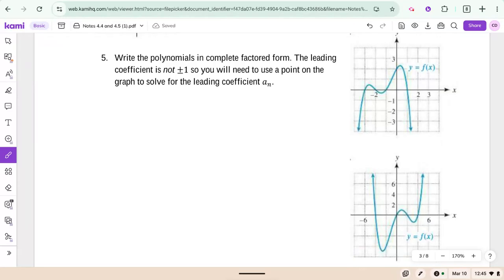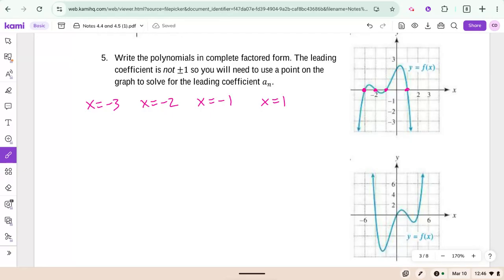The x-axis is scaled by ones, so I have x equals -3, x equals -2, x equals -1, and x equals +1. And all of those are multiplicity of 1, so this is a 4th degree.